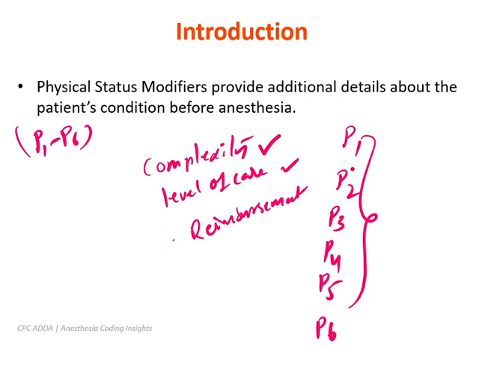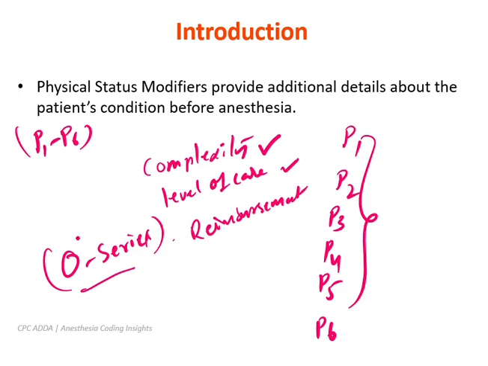All these 6 physical status modifiers we have to use with only 0 series codes, that are anesthesia codes, and you should not use these modifiers with any other type of codes.